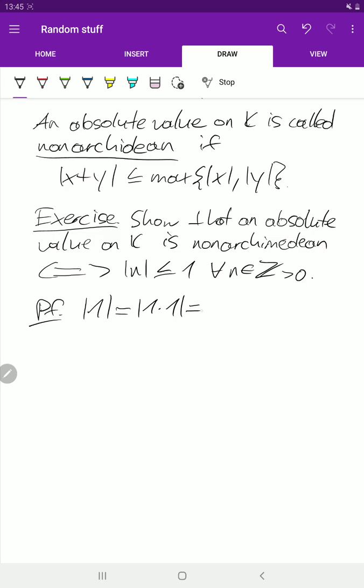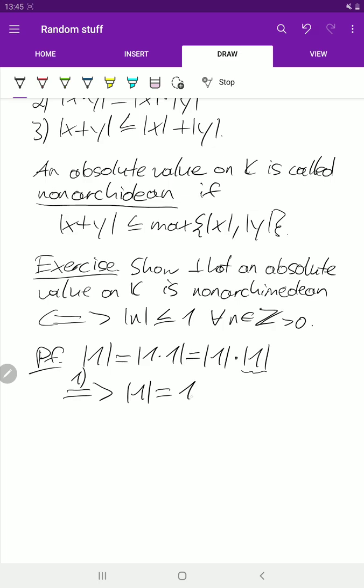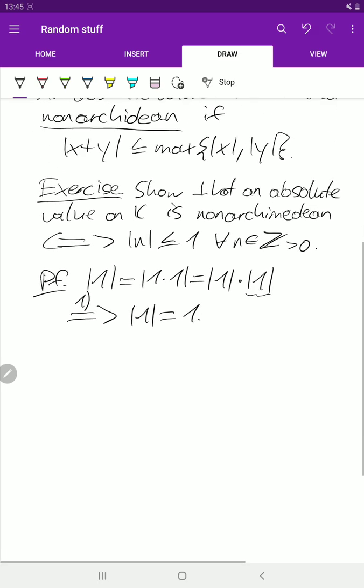So let's look at the absolute value of 1, where 1 is just the 1 in the field. Now we apply property 2, the multiplicativity, and that it's non-zero for non-zero elements. So if we divide by the absolute value of 1, we get that the absolute value of 1 is the real number 1.